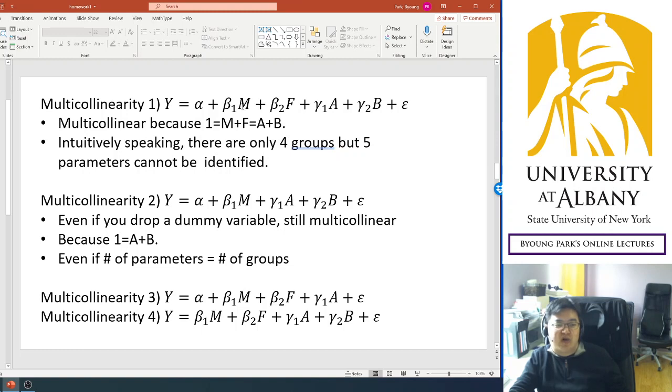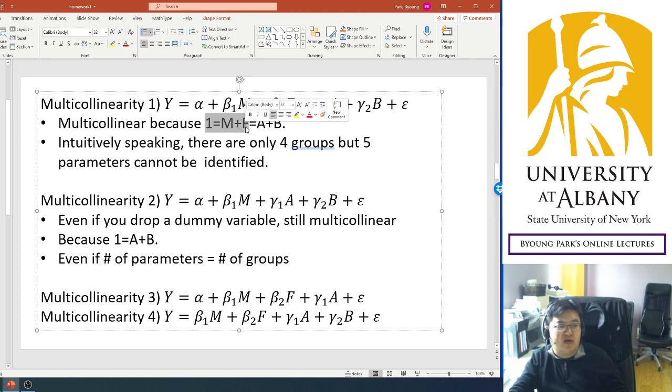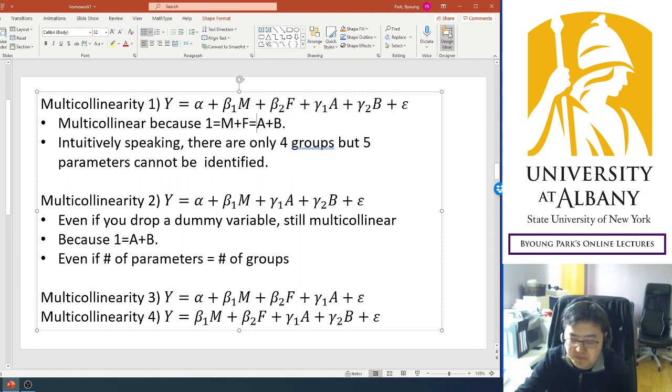Another wrong model is when you drop F. You may think there is a multicollinearity problem, so we need to drop 1. So you drop F. Still, it's wrong. It's not working because the multicollinearity in A and B still remains. As I said, you have 2 multicollinearities.